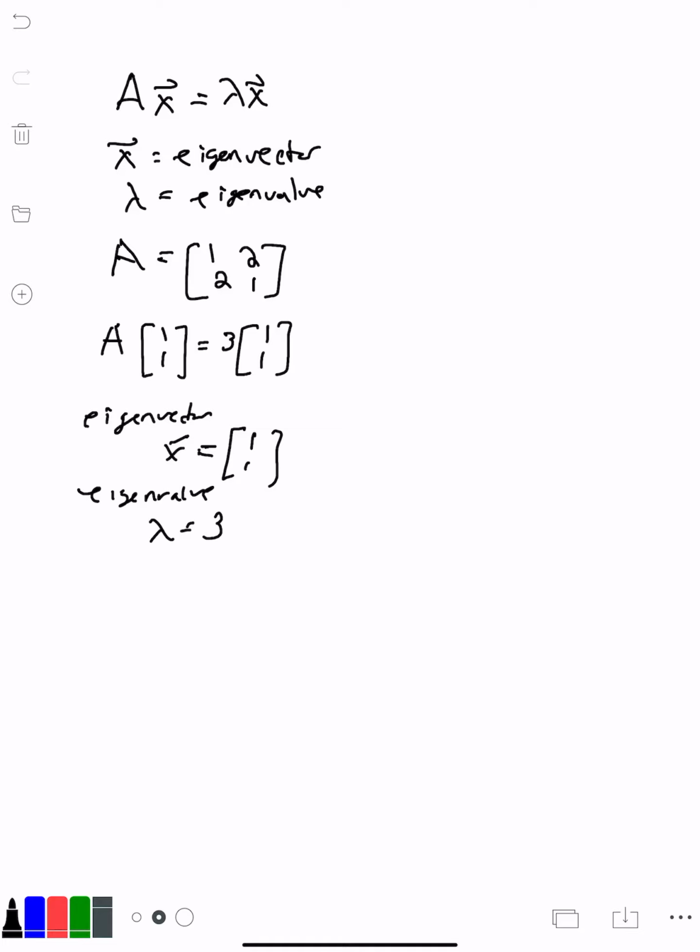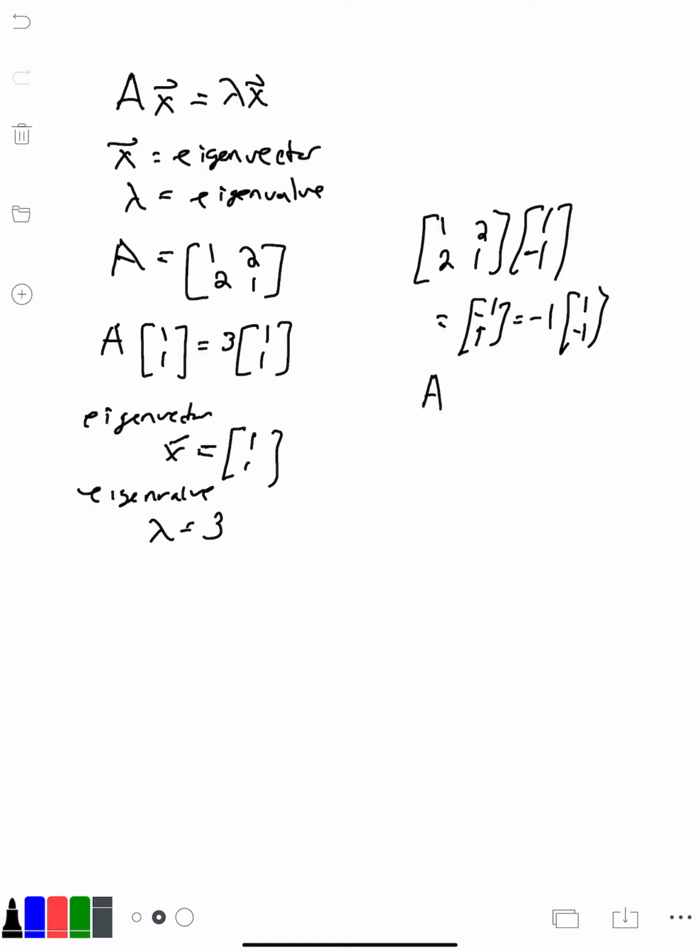And it turns out that this matrix has more than one eigenvalue. It's going to have 2 of them. And so let me just show you the other direction here. If I were to do 1, 2, 2, 1 times the direction 1, negative 1, I would get negative 1, positive 1, which is the same as negative 1 times the original direction.